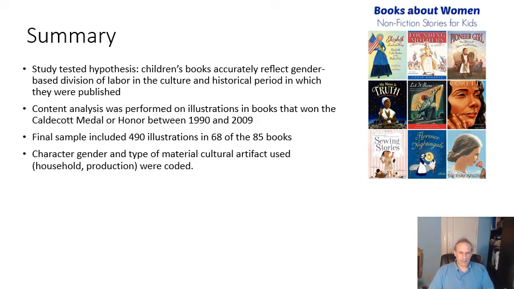What they were interested in was the character gender and the type of material artifacts they were using, divided in this study between household and production artifacts, coded by gender in that sense.